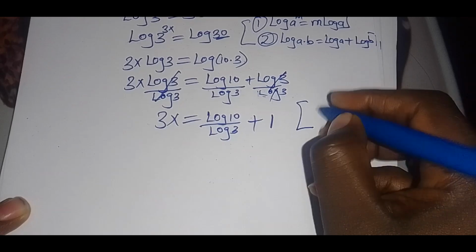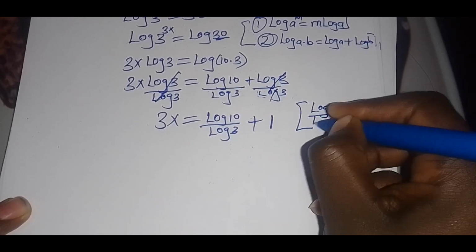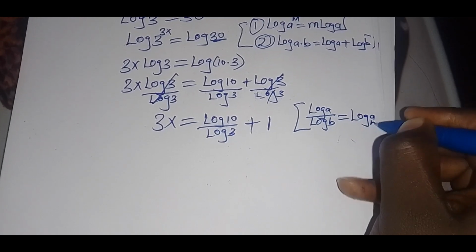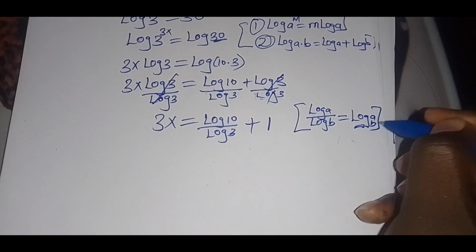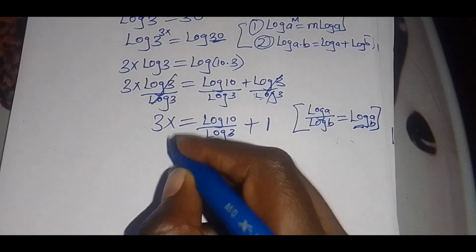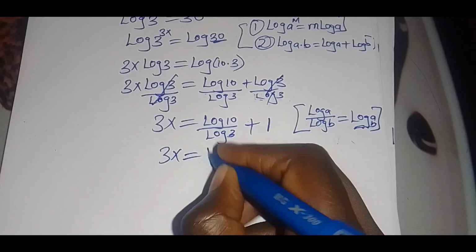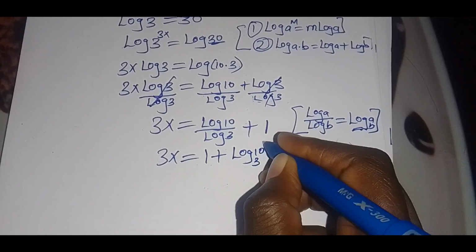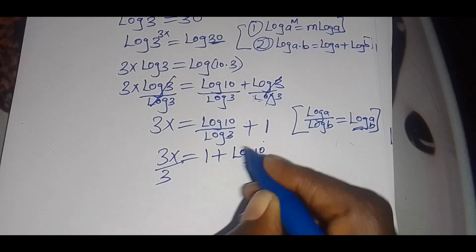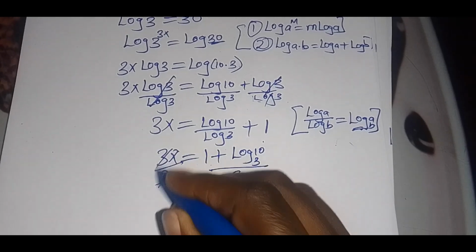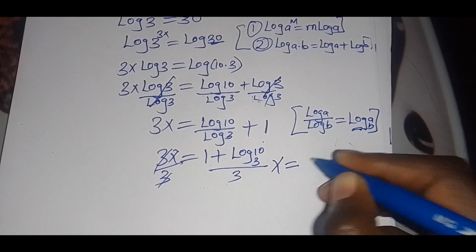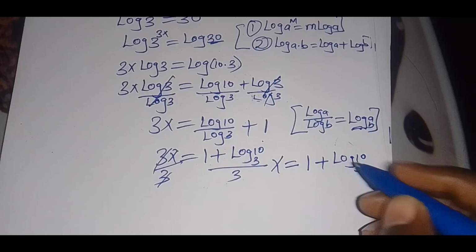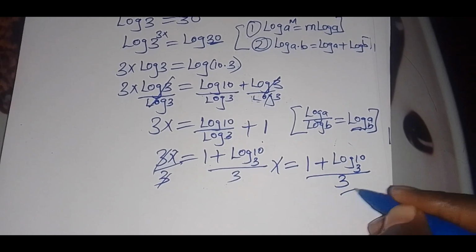Applying the identity that log a divided by log b is equal to log a to base b, we have 3x equal to 1 plus log 10 to base 3. Then divide both sides by 3, so the value of x is equal to 1 plus log 10 to base 3, divided by 3. So this is the value of x.